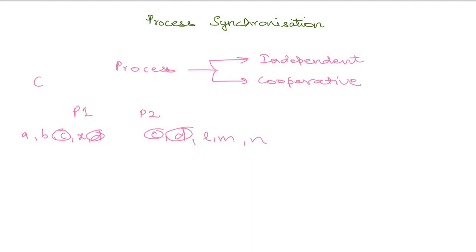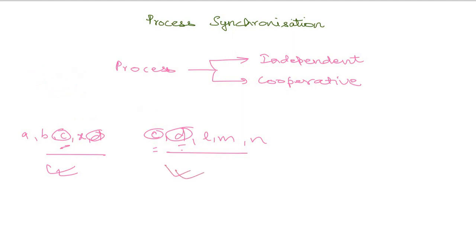This might be possible if C and D are global variables which are being used by both of these processes. Let's say this process updates the values of C and D, and this process also updates the values of C and D in some manner. So they would need to cooperate with each other to know how C and D have been changed here and how they have been changed here.